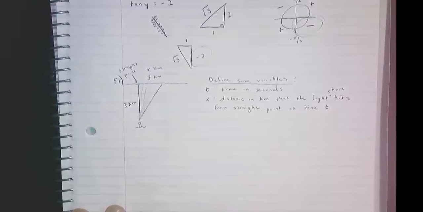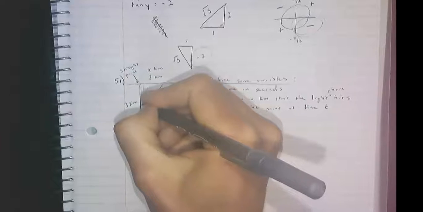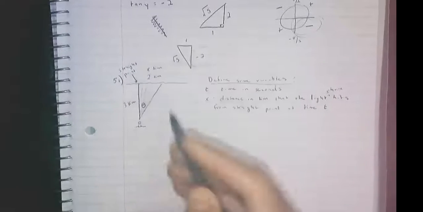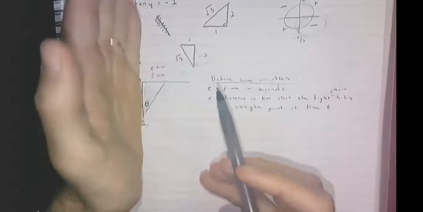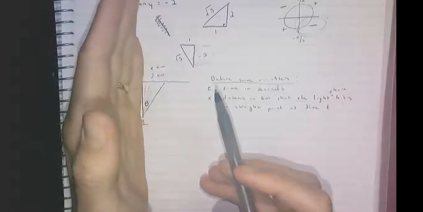Well, that's not a lot to go on. I think we probably need to worry about this angle in here too. The angle created by the rotation of the light and this fixed length here.